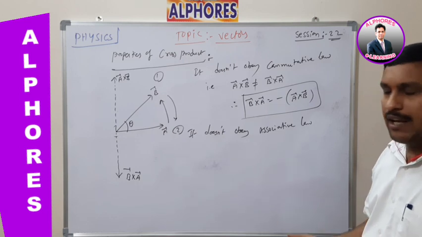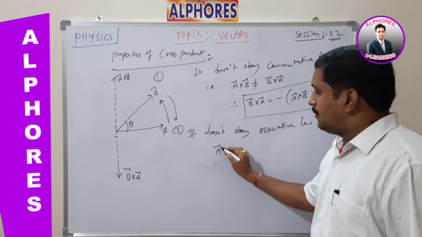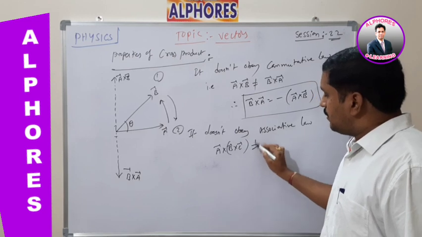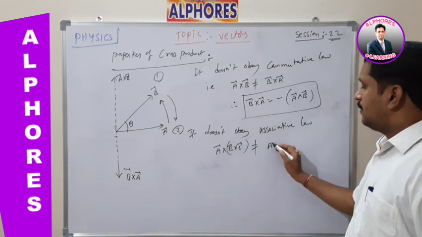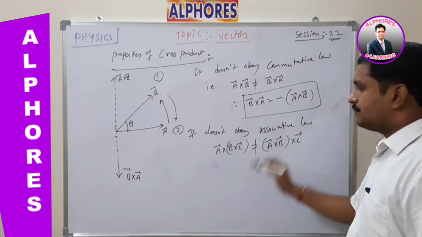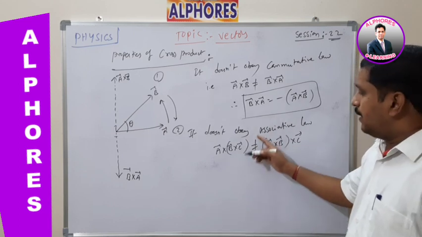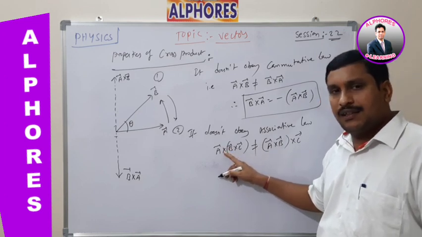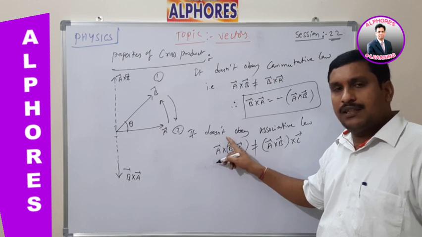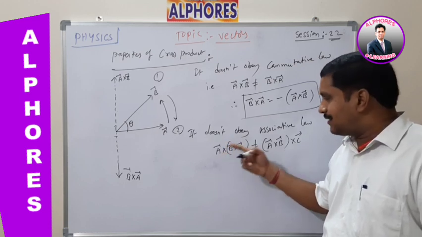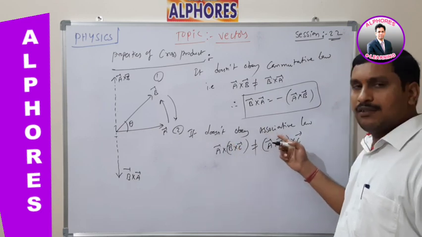For this associative law, I take three vectors: A bar cross B bar cross C bar is not equal to A bar cross B bar cross C bar with the grouping changed. Like addition, in dot product also the scalar product doesn't obey the associative law. In a similar way, the cross product also doesn't obey the associative law.